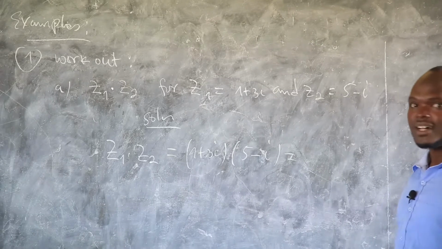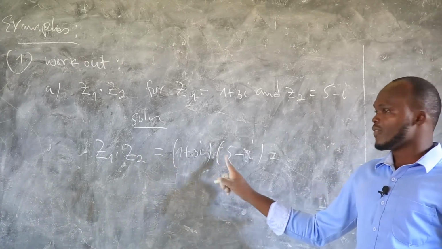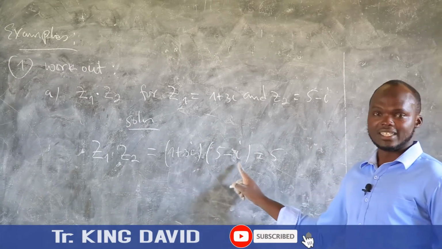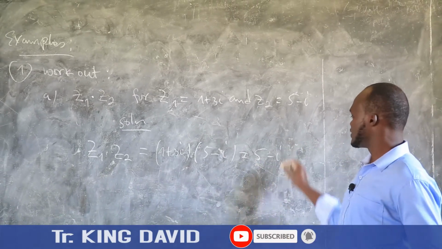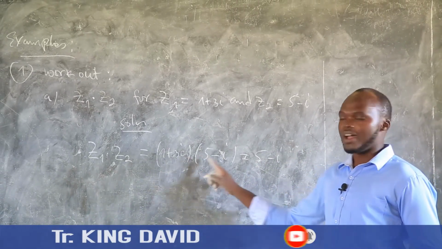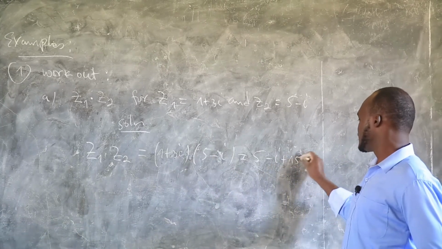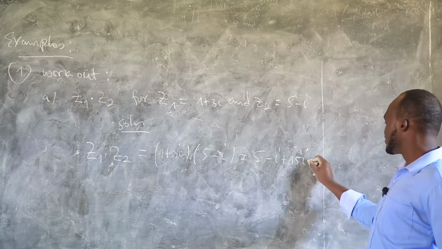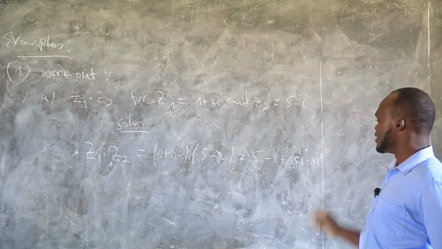So what will be the answer? 1 times 5, that is 5. 1 times -i, that is -i. 3i times 5, that is 15i. 3i times -i, that is -3i squared.